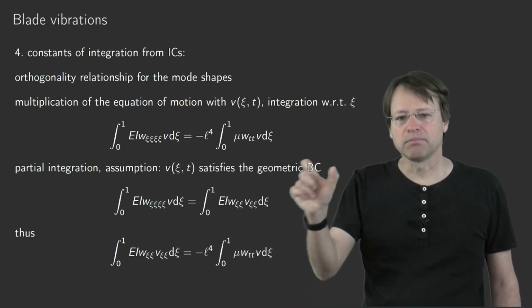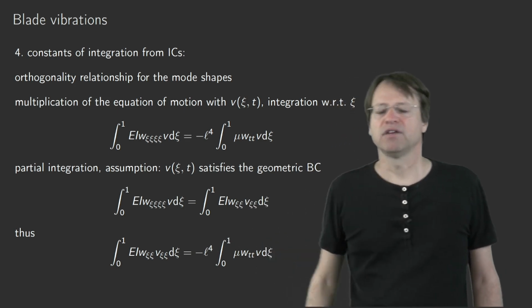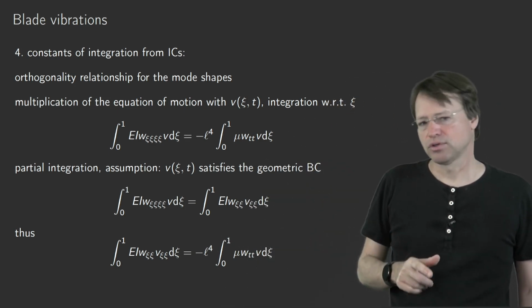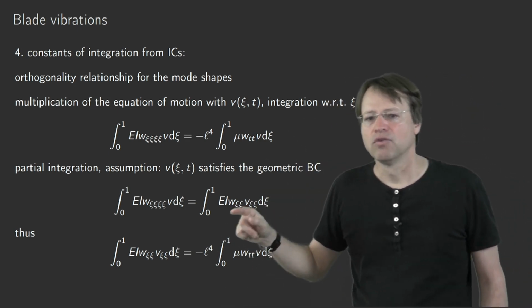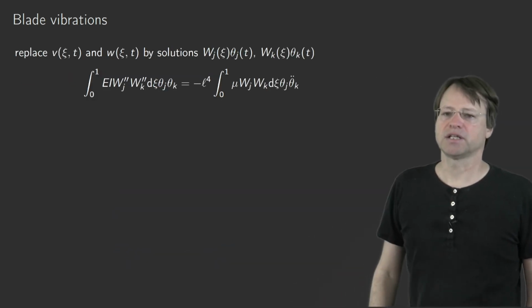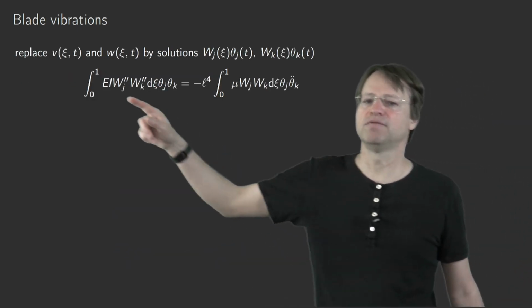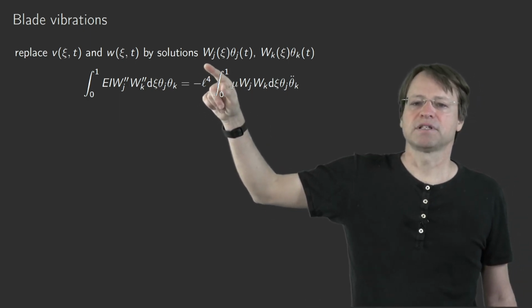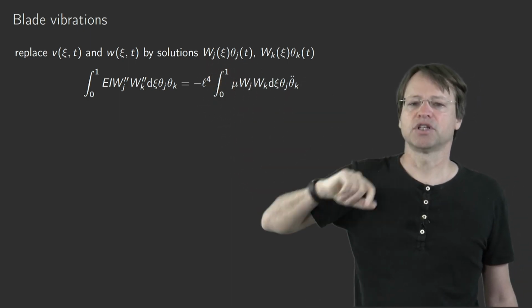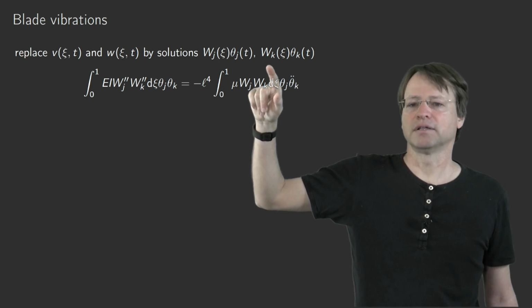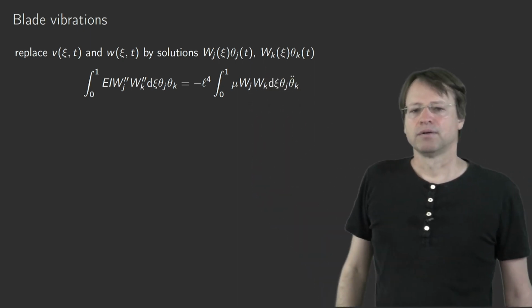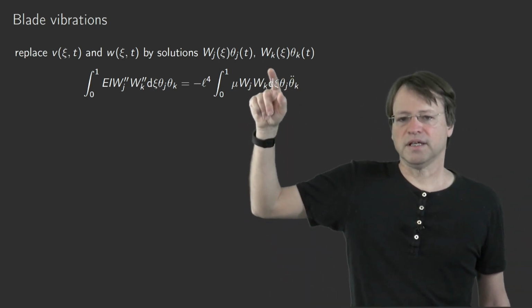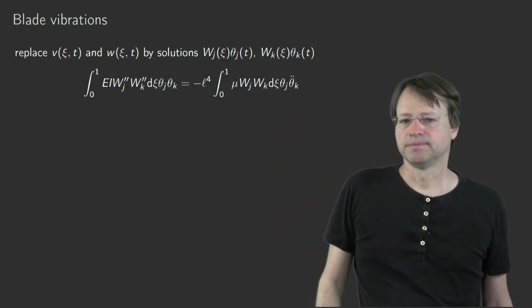We just pick one mode shape for w and another mode shape for v, so to prove orthogonality. So we replace w by one product W_j theta_j, and v by one product W_k theta_k.